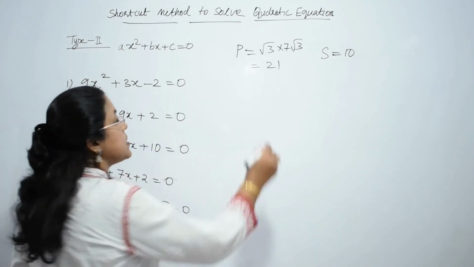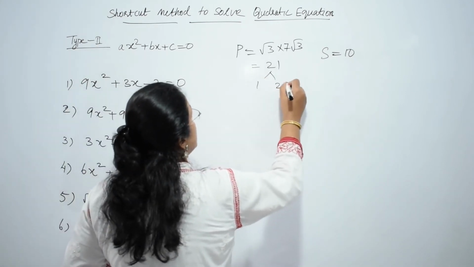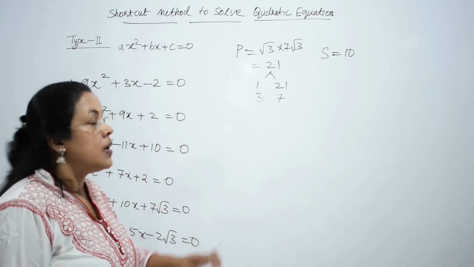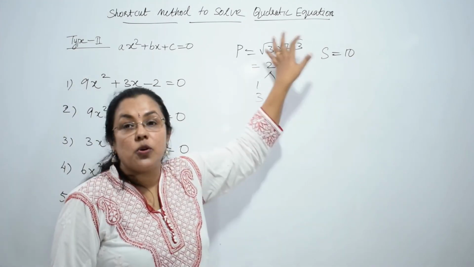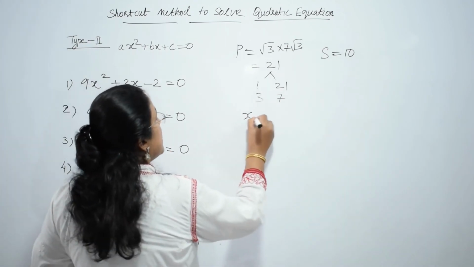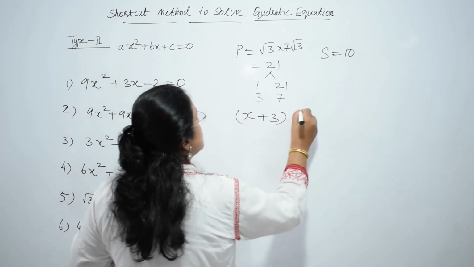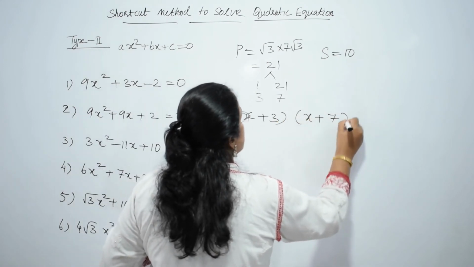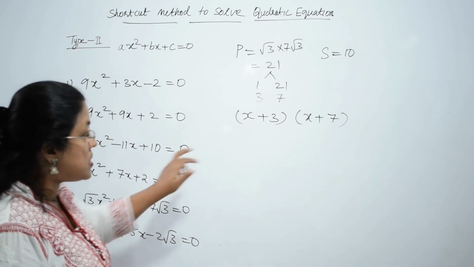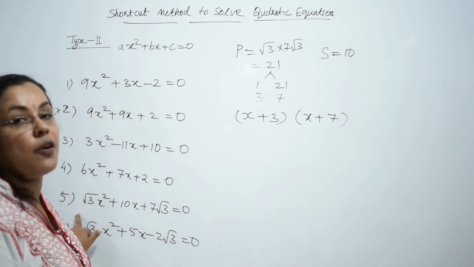So what are the factors of 21? 1, 21. 3 sevens are 21. Which pair satisfies both the conditions? 3 and 7. Means we can write it as x plus 3 into x plus 7. Now what is the next step? We have to divide the constant using the coefficient of x square.